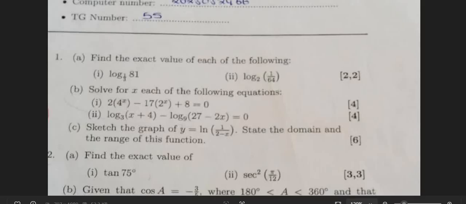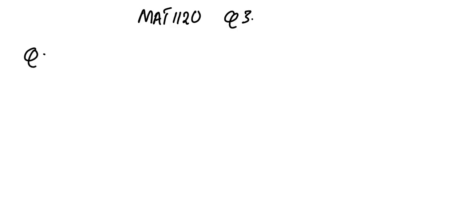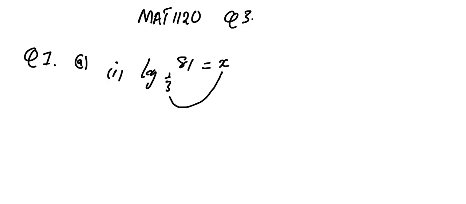Question 1a: they want us to get log 81 to base 1 over 3. What's the value of this? We're simply going to equate this to x, and we say (1/3)^x is equal to 81.